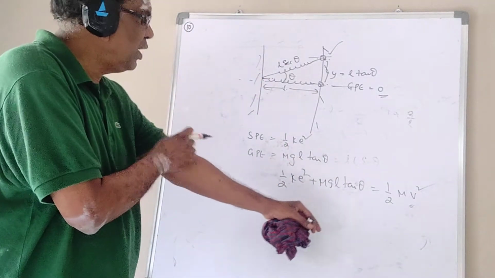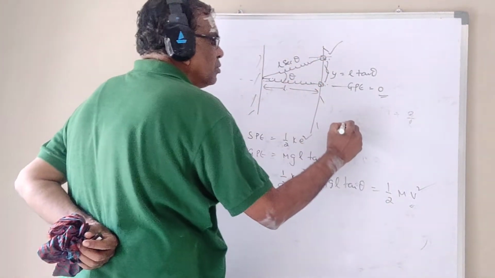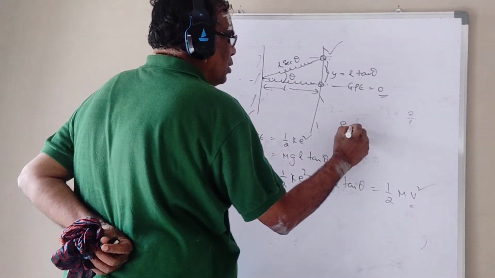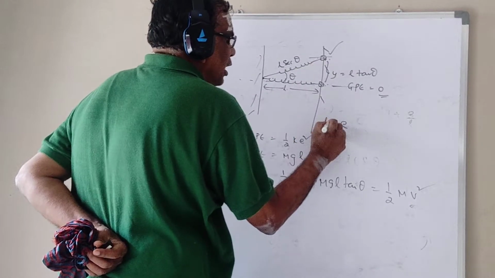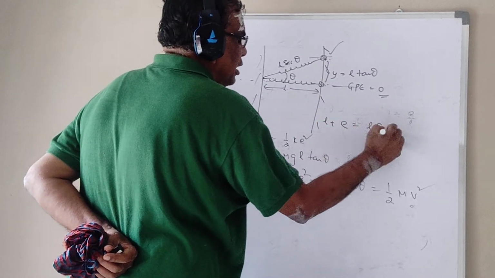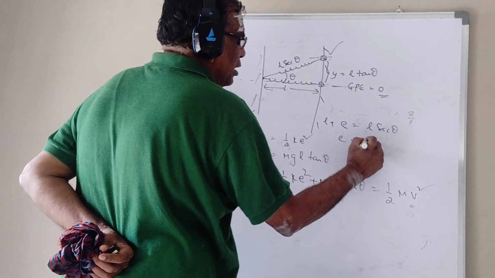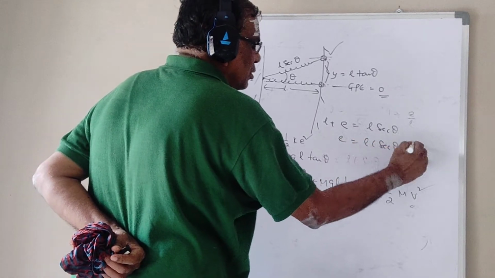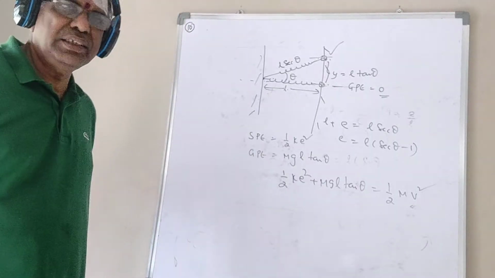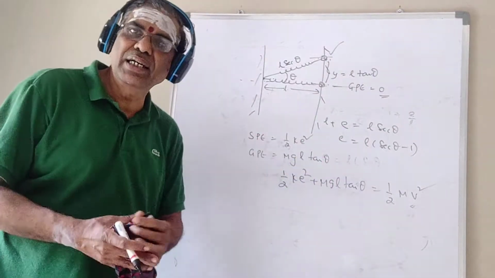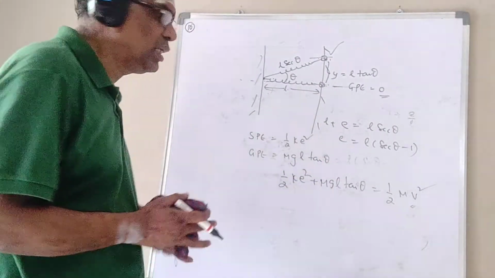So you can find out E as before. L plus E is L secant theta, or E is equal to L into (secant theta minus 1). Substitute and get the answers. Is this clear to you?